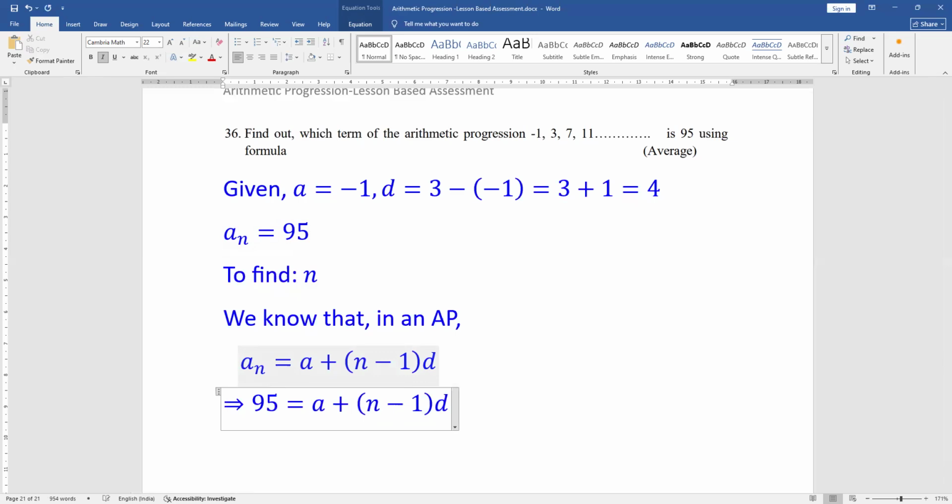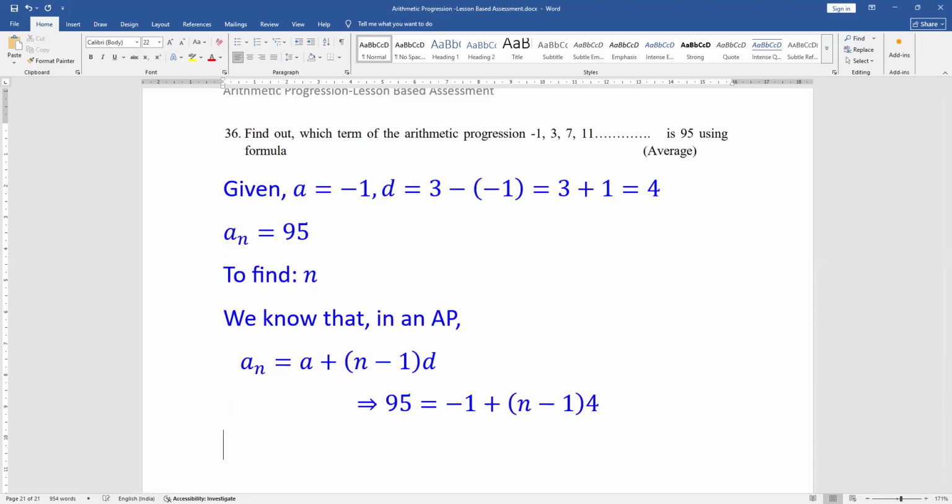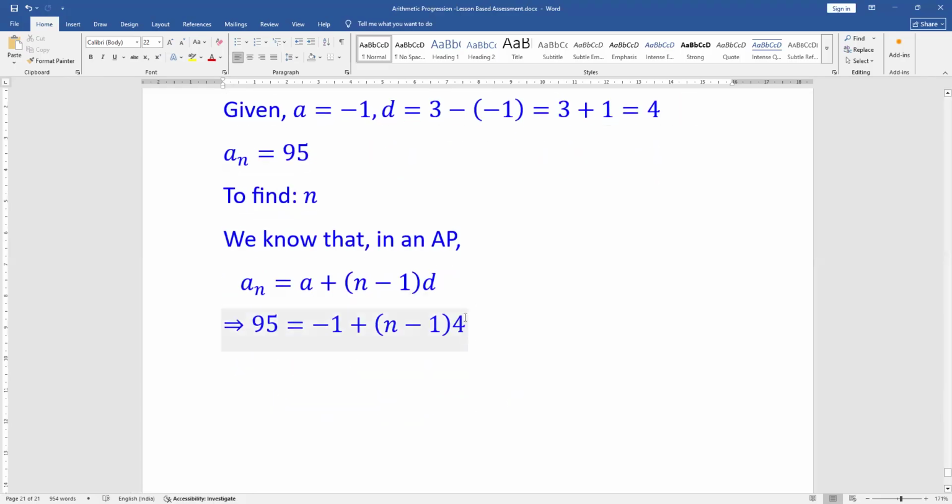Then a you're going to replace with -1. Okay. Then n minus 1 will be as it is. d is how much? d is 4. Okay. Then I'm going to go to the next step.